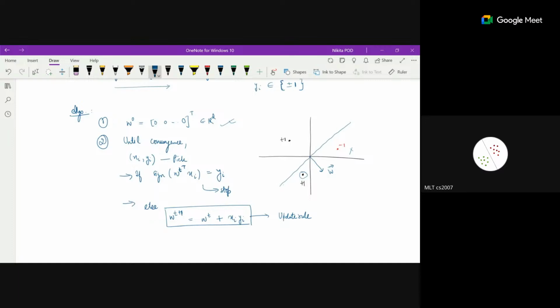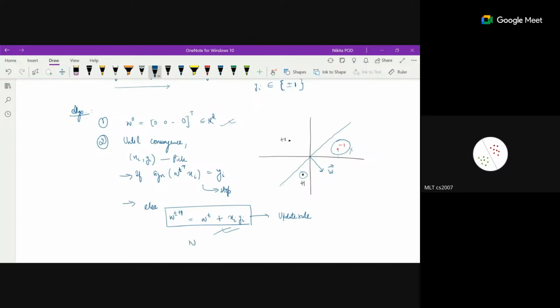So again, if my algorithm is making a mistake on this data point, I will update using WT plus 1 is WT plus XI. Whatever this XI is, I will multiply it with the sign and update it. And again, I will check whatever W I get.